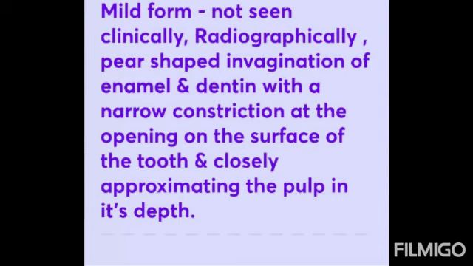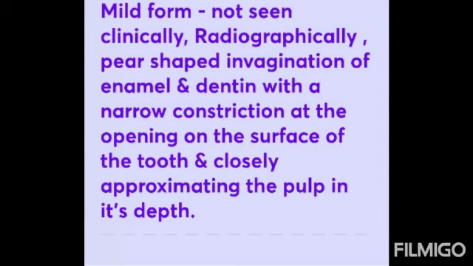In the mild form it is not seen clinically, but radiographically there is a pear-shaped invagination of the enamel and dentin, with a narrow constriction at the opening on the surface of the tooth, closely approximating the pulp in its depth. This is dens in dente.